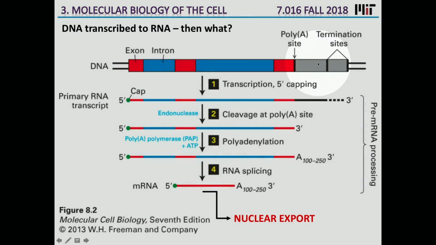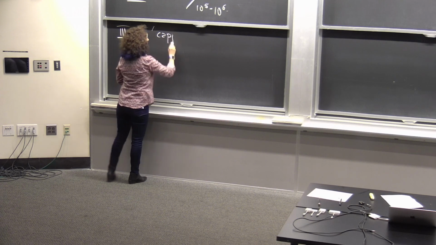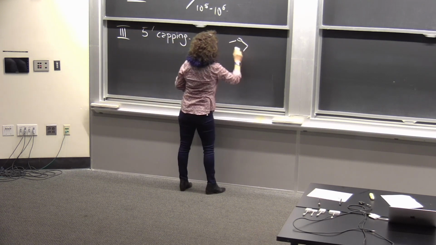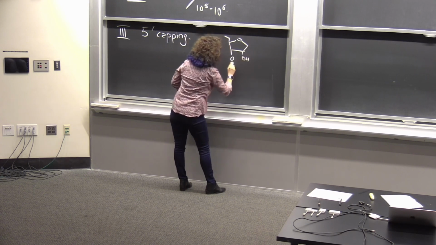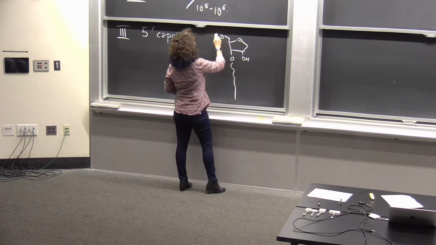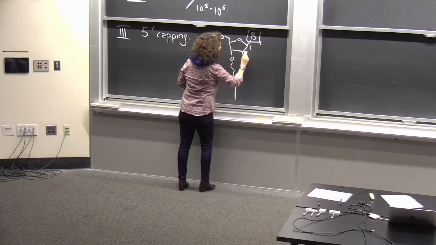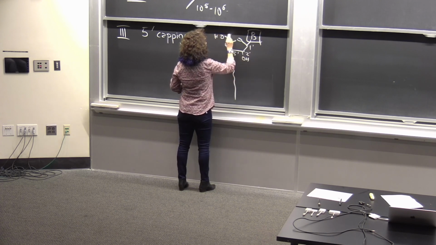There's what's known as 5' capping. So that is going to be a change. Let's just say this goes down. This is the base. Remember, 1', 2', 3', 4', 5'.